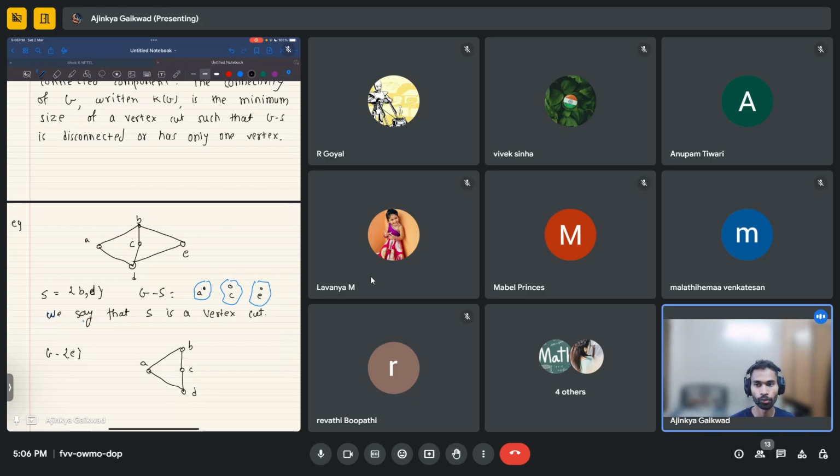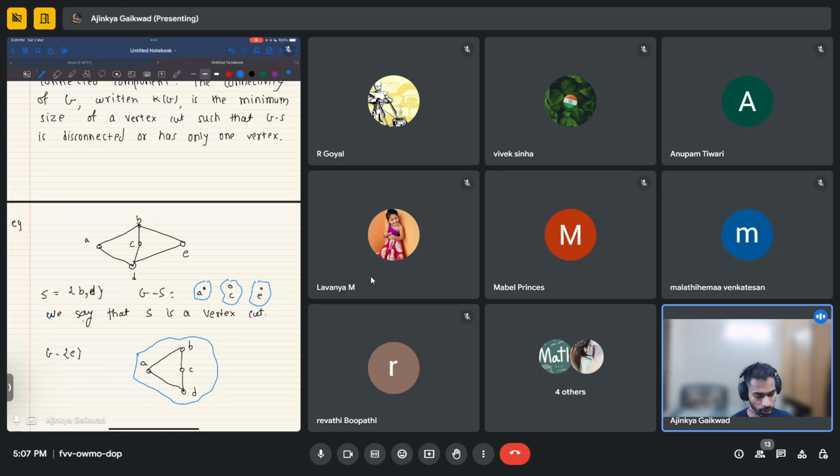Only one, so E is not a vertex cut. There is no vertex cut of size 1 because every vertex is in some cycle, and a vertex inside a cycle cannot be a cut vertex.